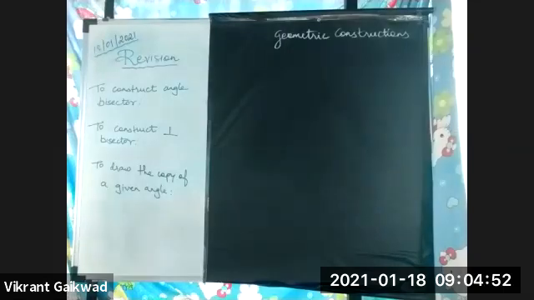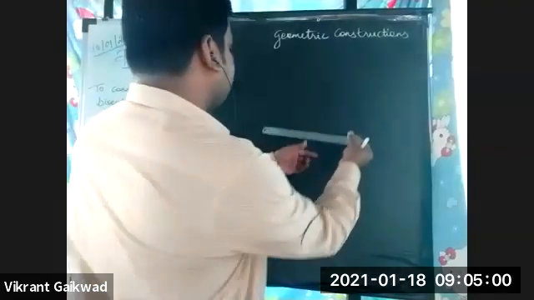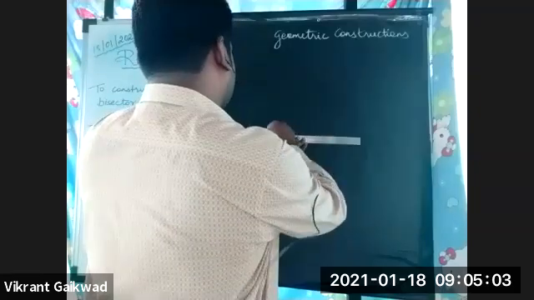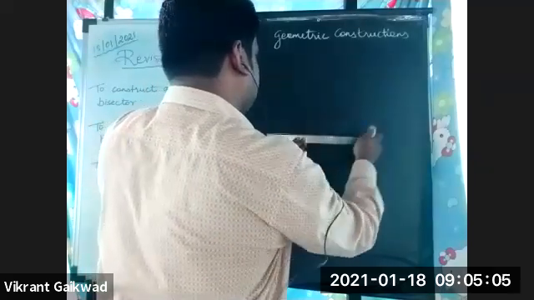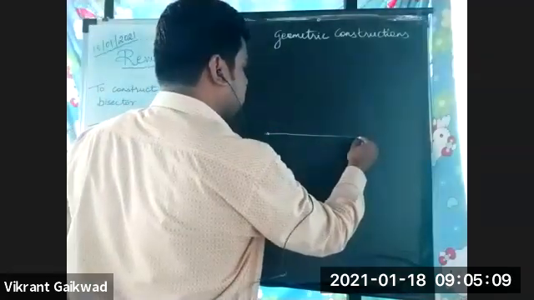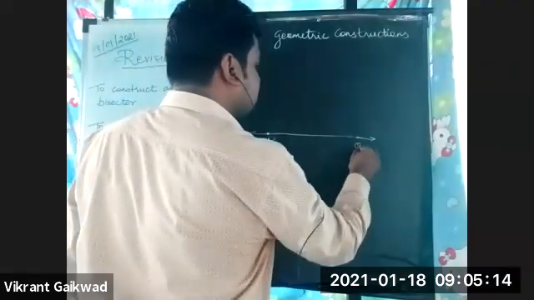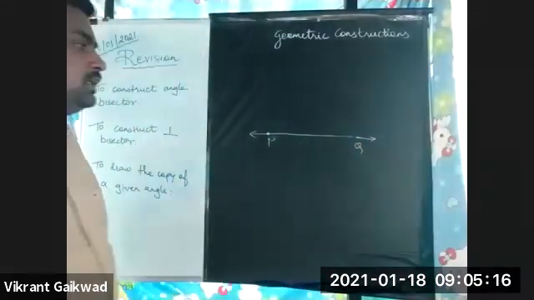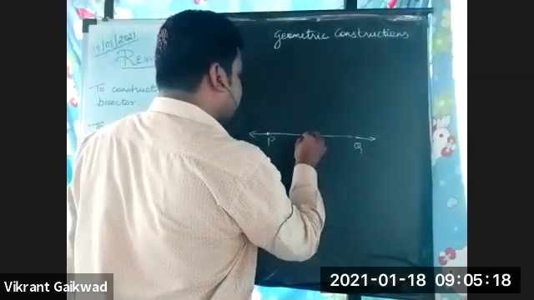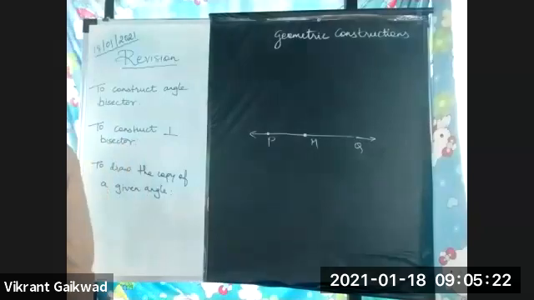What they have given us is that PQ is a line, and take any point M on it.